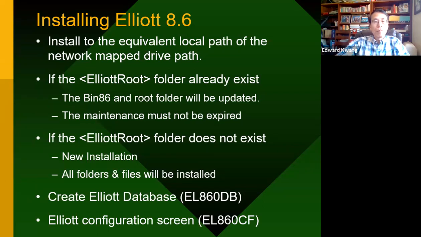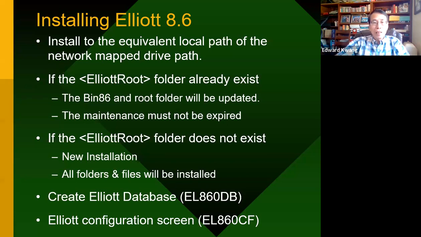Now when we do the installation, if the Elia root directory is already installed, then we would just say, okay, either you are upgrading from 8.5 to 8.6, or if the bin86 directory already exists, then we just say, okay, you are updating an existing Elia 8.6.